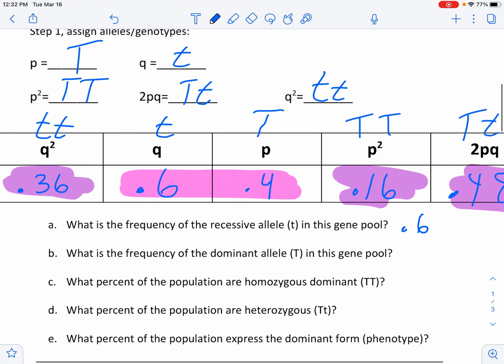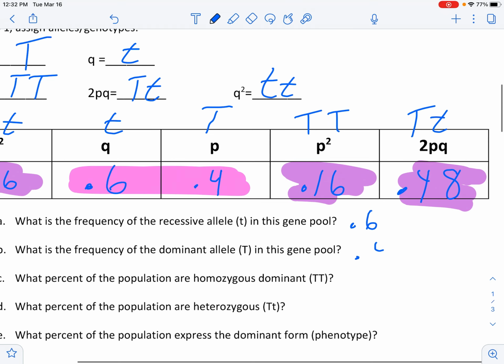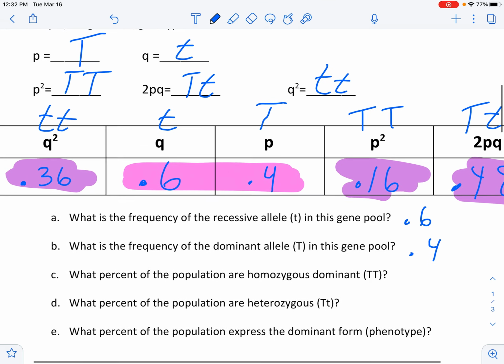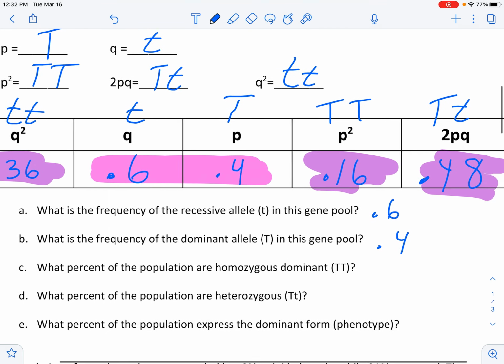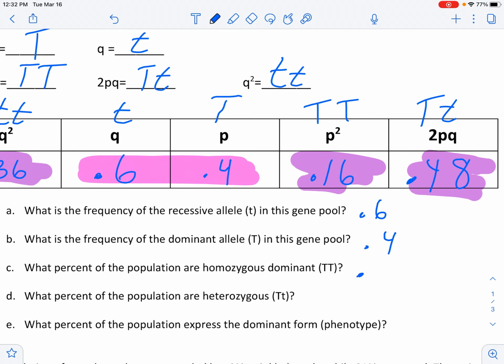The frequency of the dominant allele is 0.4. Percent of the population that are homozygous dominant. Oh, percent. Okay, so the decimal would be 0.16, and as a percent it's 16%. Percent of the population that is heterozygous would be 48%.